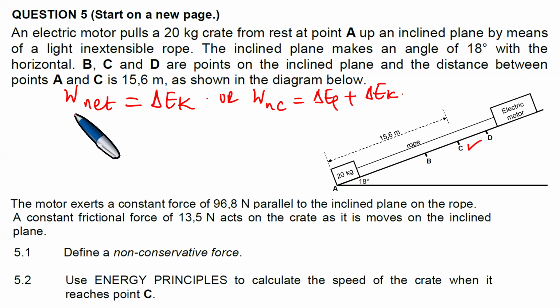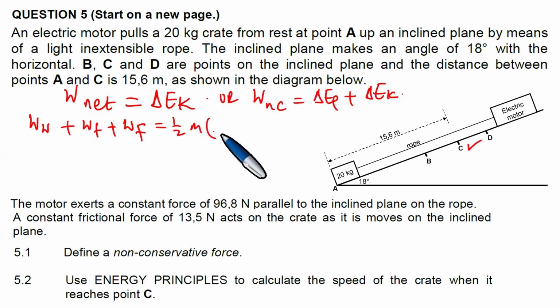In the first case, as the crate is pulled up, W net is the work done by the weight plus work done by friction plus work done by the applied force, which is half m open bracket V final squared minus V initial squared.